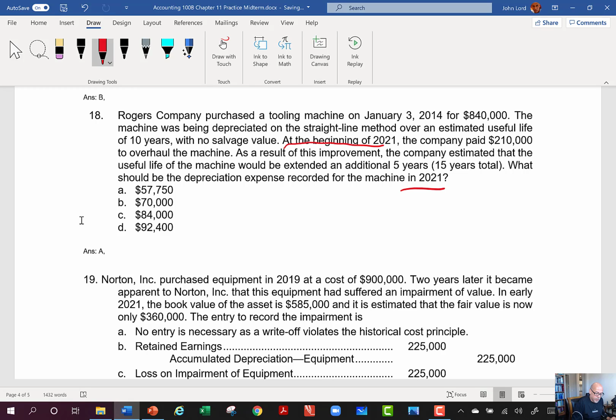So what happens? All right, first of all, I've got to figure out, well, what was the book value of the machine at the time that they added this stuff? They told me that they bought it for $840,000. They told me there was no salvage value. They told me it had a 10-year life. So I divide that by 10. All right, that's $84,000 per year.